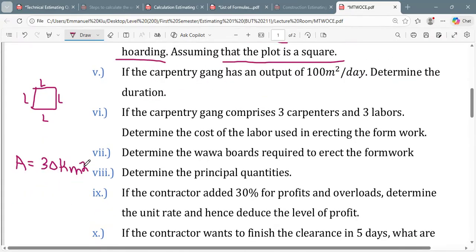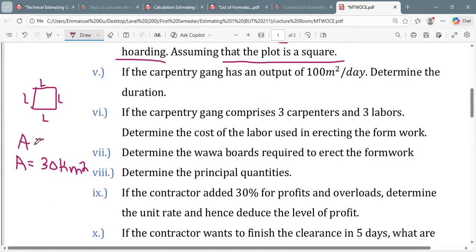So now how do we get the value of L? You also know that the area is equal to what?